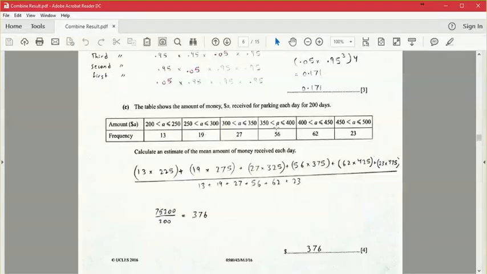And the same for each range, and multiply it by the frequency. Then 13 times 225 plus 19 times 275, and the same for the rest, and we add the frequency to get the mean, 376.